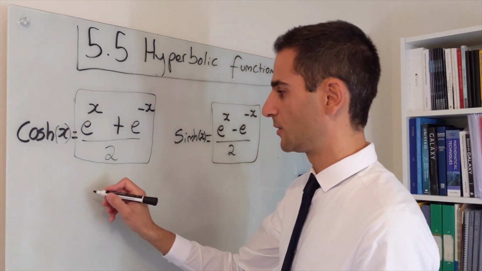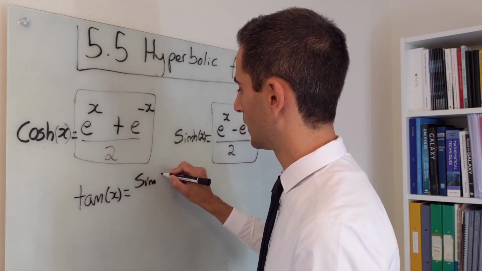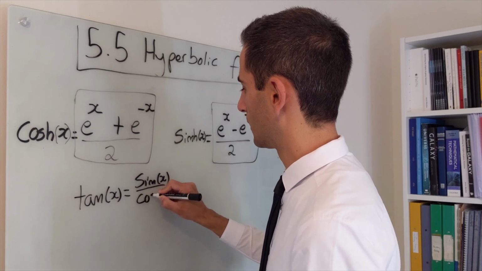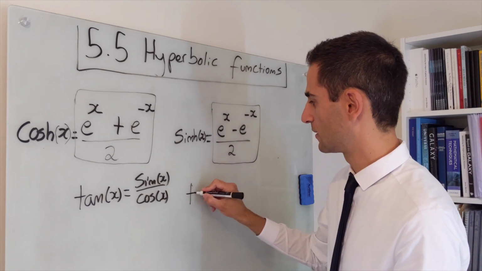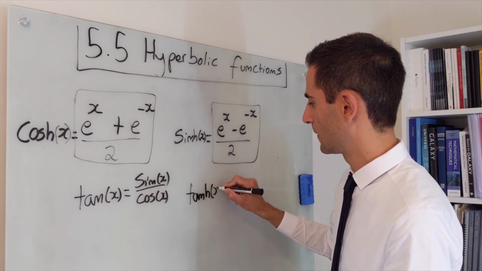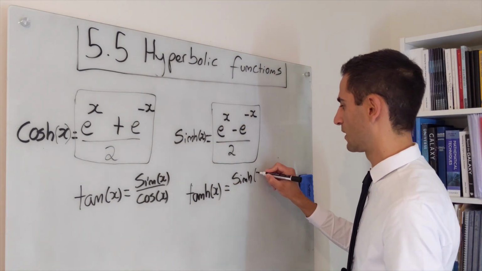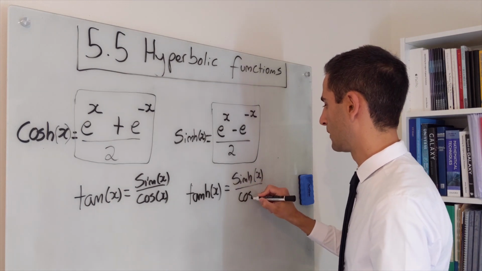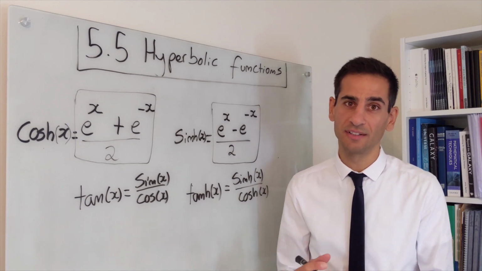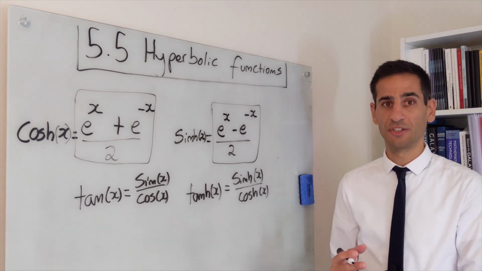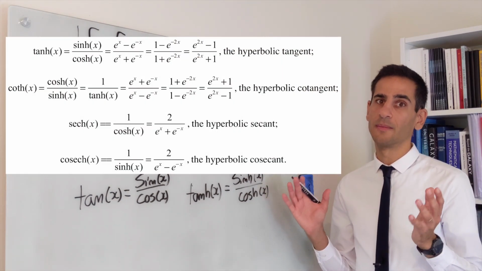In a very similar way that you would write that the tangent of x is equal to sine x over cos x, the hyperbolic tangent, which we write tanh, is also given by the equivalent functions, sinh x over cosh x. The same thing will be valid for the hyperbolic cosecant and the hyperbolic secant, which with a little bit of physics 101 magic I'm making appear here. And you can also see them in the lecture notes.